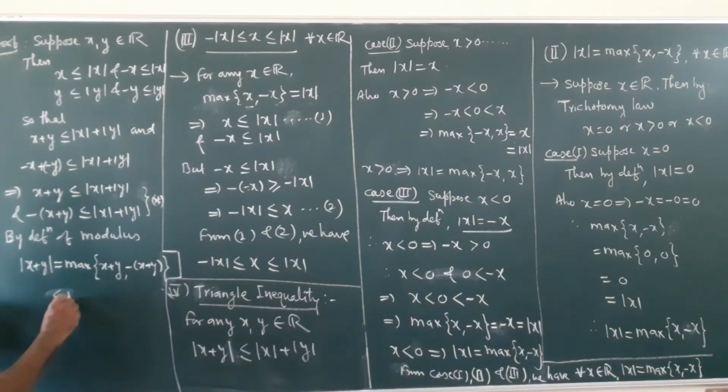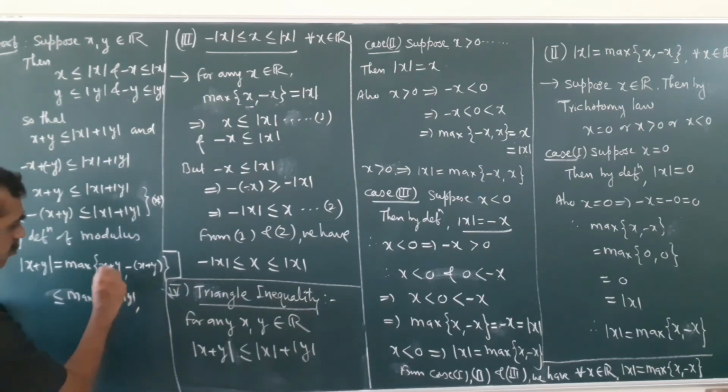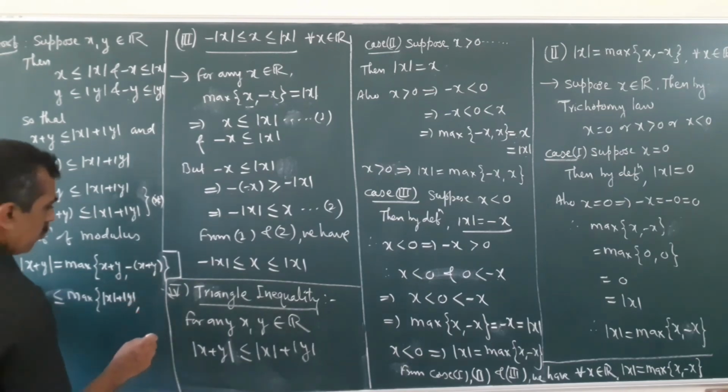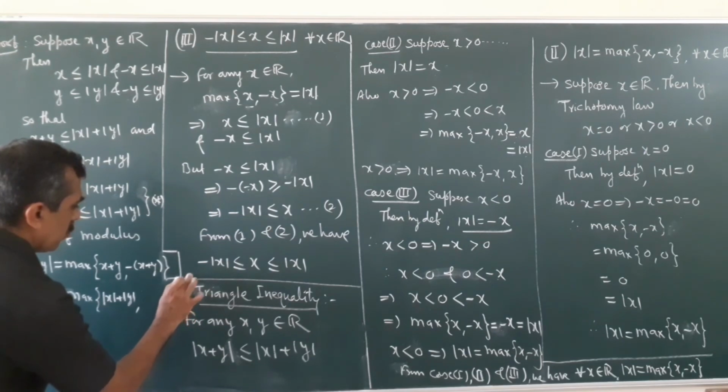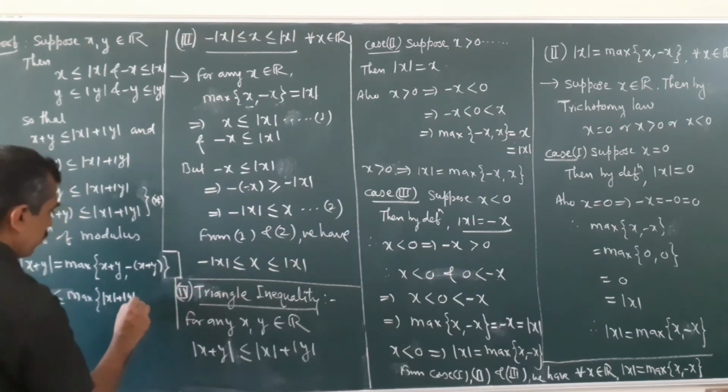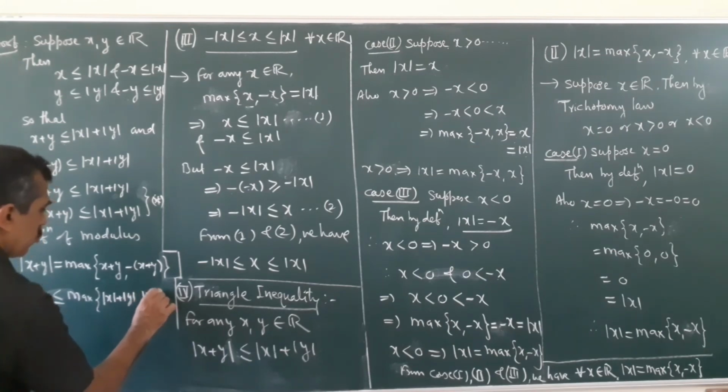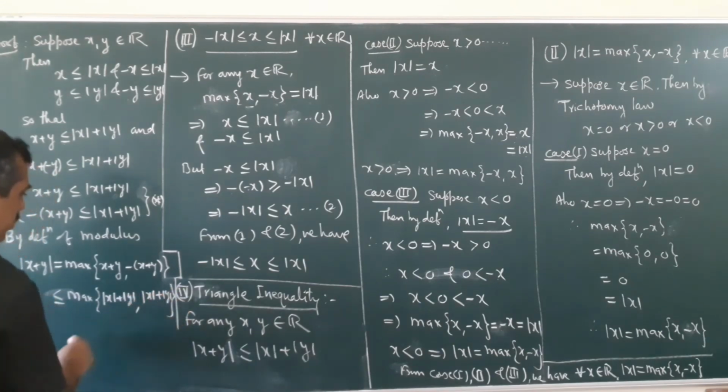Therefore this is less than or equal to the maximum of mod of x plus mod of y, comma, mod of x plus mod of y.